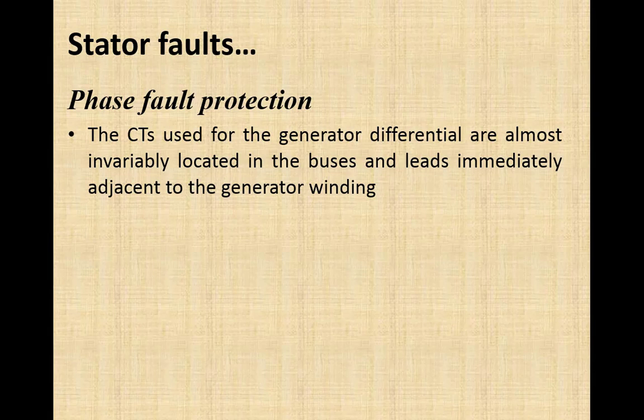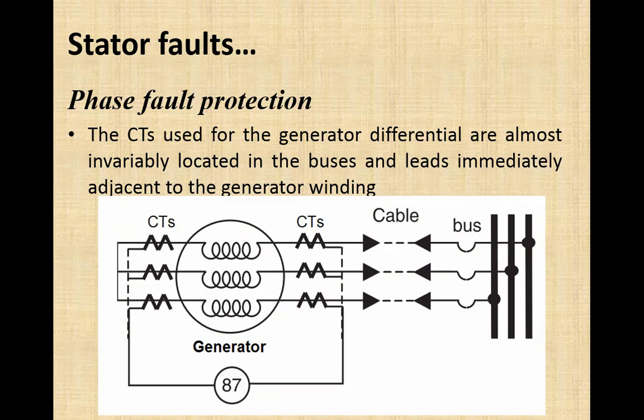First, in case of generators, CTs are used almost invariably, located in buses and leads immediately adjacent to the generator winding. In order to understand this, I have developed this diagram. Here you can see this is the stator of the generator.